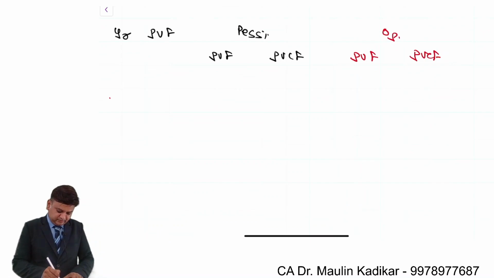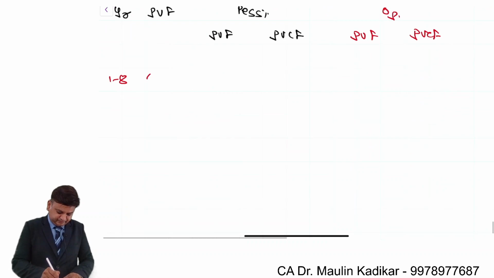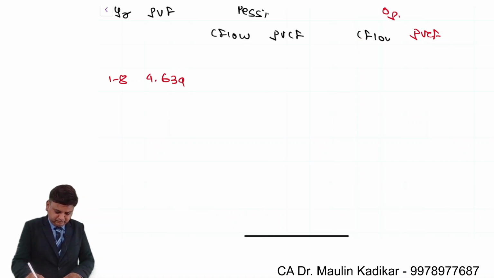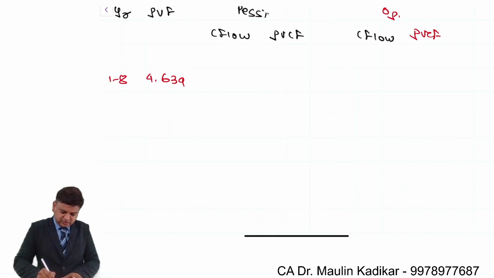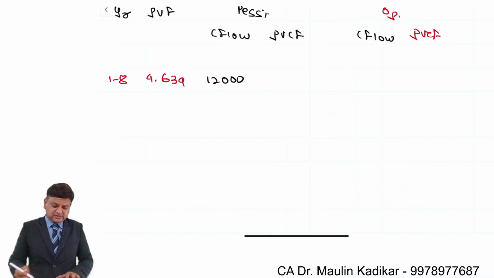With that we'll do the answer. 4.639, this is cash flow, I'm sorry. Cash flow is 12,000. So the answer would be 12,000 into 4.639, so 55,668.